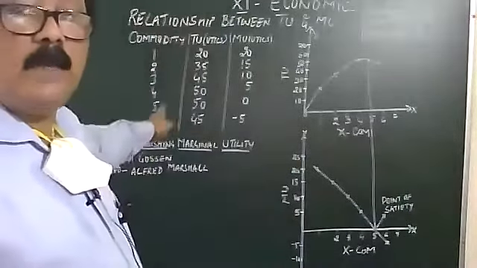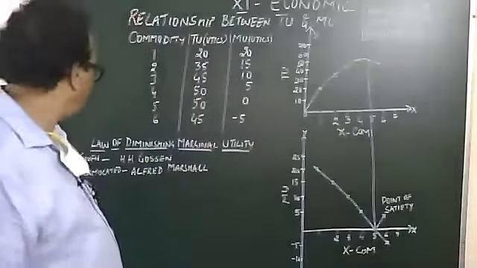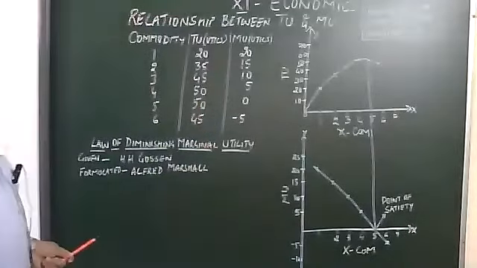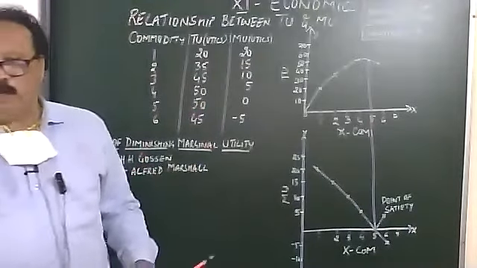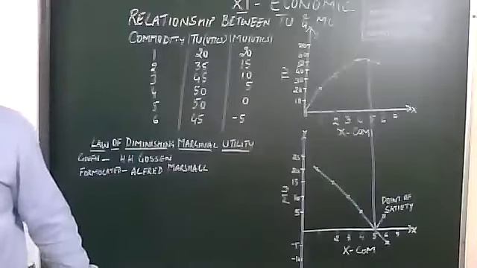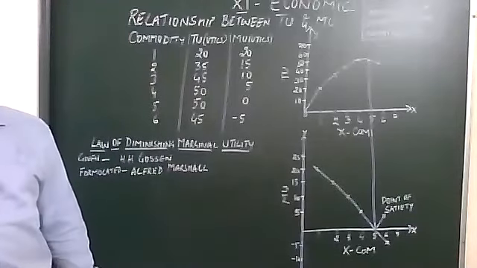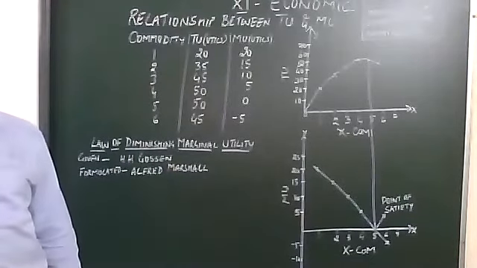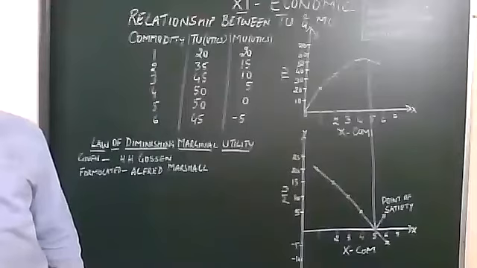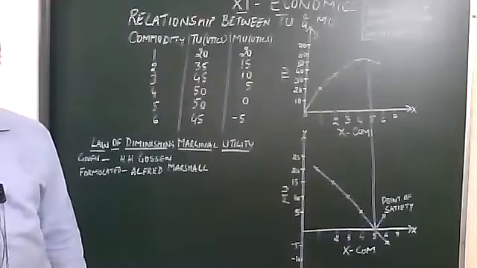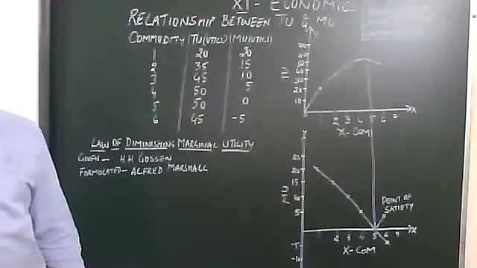You can take time and copy this down just now. Then yesterday we also did the law of diminishing marginal utility, which says that as more and more units of a commodity are consumed, the marginal utility derived by the consumer from the successive or the additional units keeps going on declining.